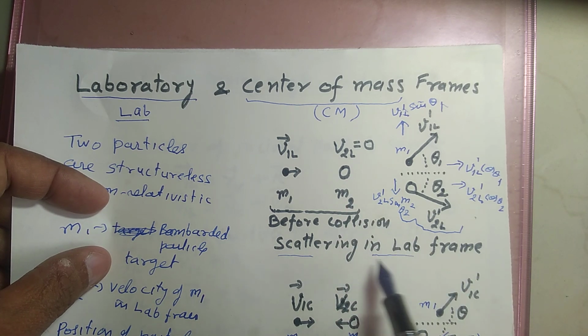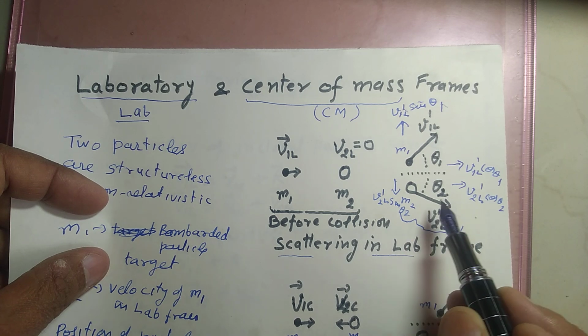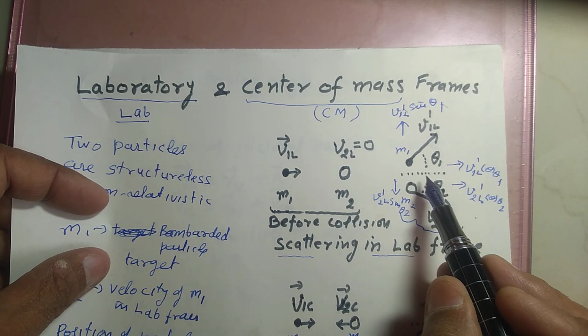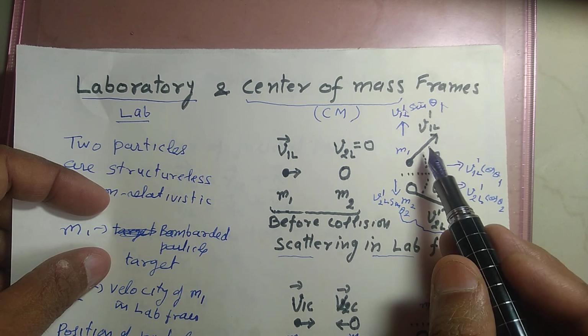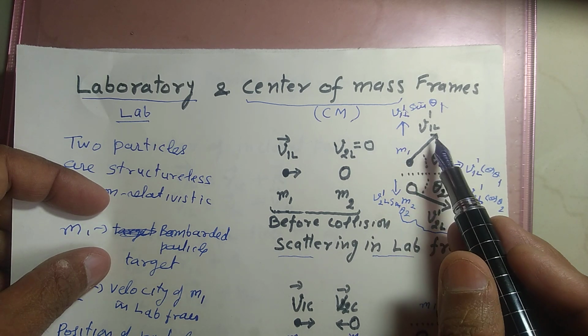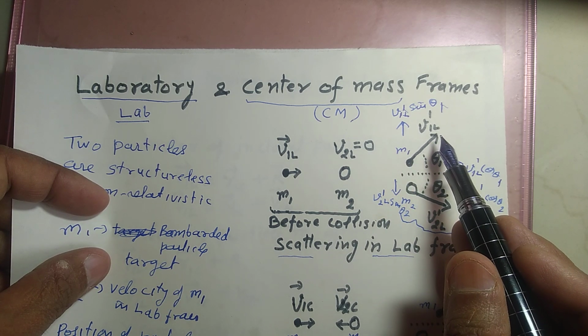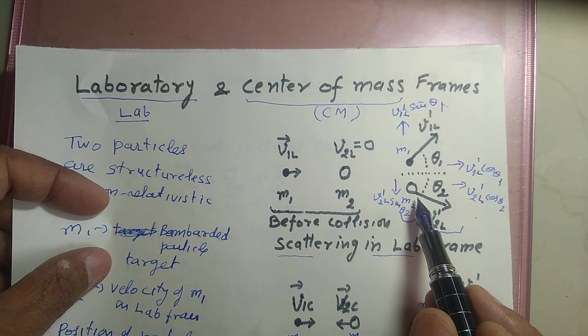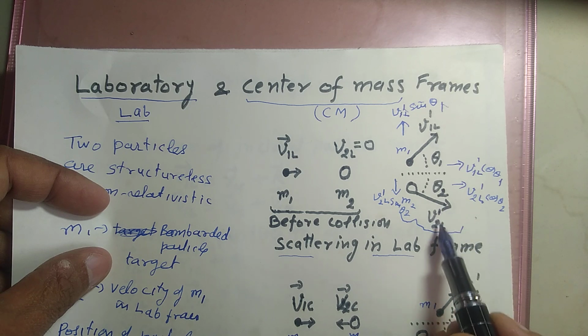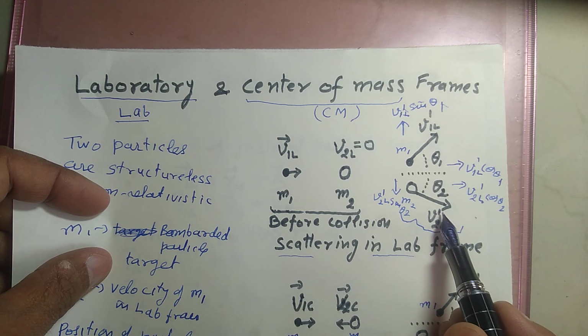After scattering, m1 scatters through angle theta 1 with velocity v1l prime, and the target particle is scattered through angle theta 2 with velocity v2l prime.